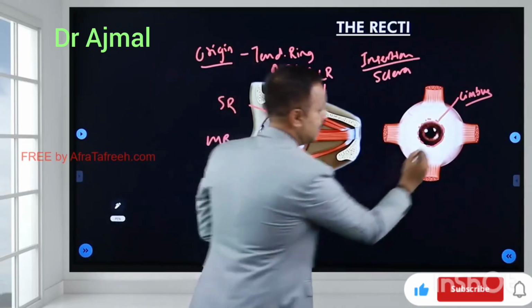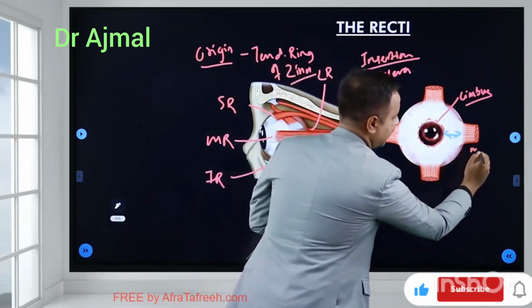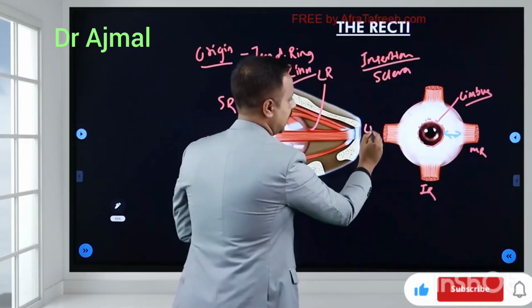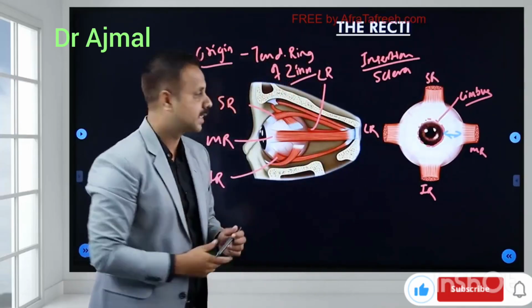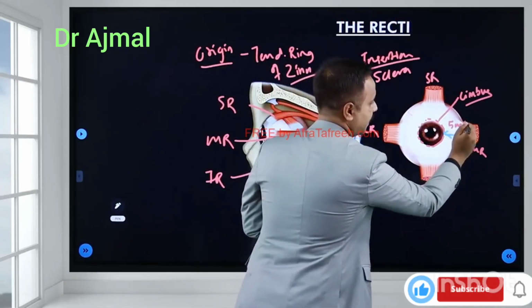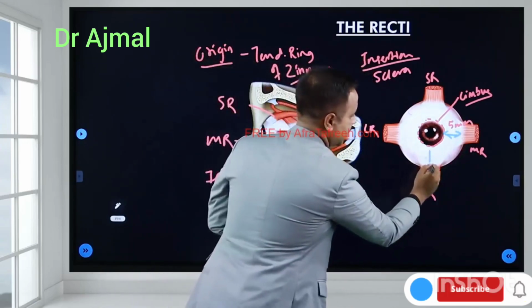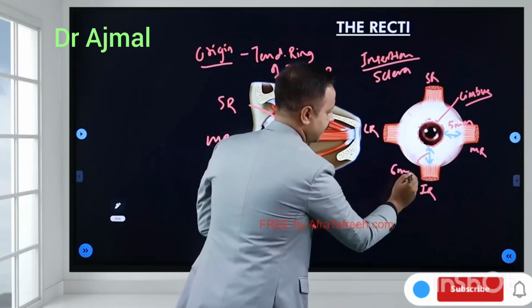For example, let's imagine this is the medial rectus, this is the inferior rectus, here we have the lateral rectus and this is superior rectus. What about this distance? Now this is about 5 mm from the limbus. Okay? Then this is about 6 mm.